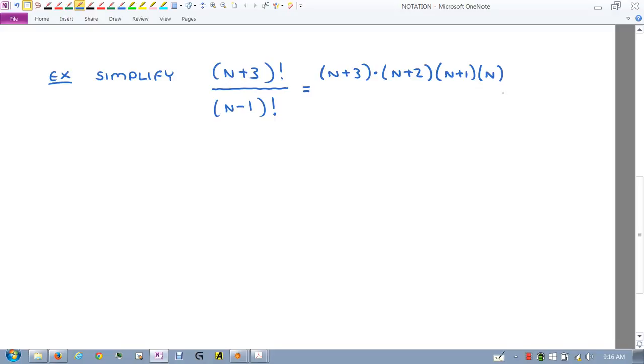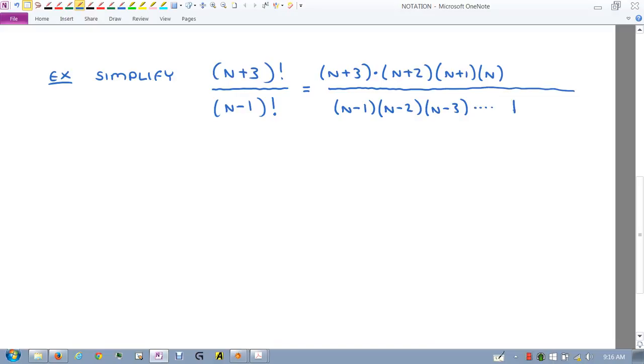Keep doing it. I'm going to continue up there, but let me just look at what the bottom is. The bottom is n minus 1 factorial, so I would do n minus 1 times what's next? N minus 2, and then n minus 3, and I would keep doing that until I get to 1, right?